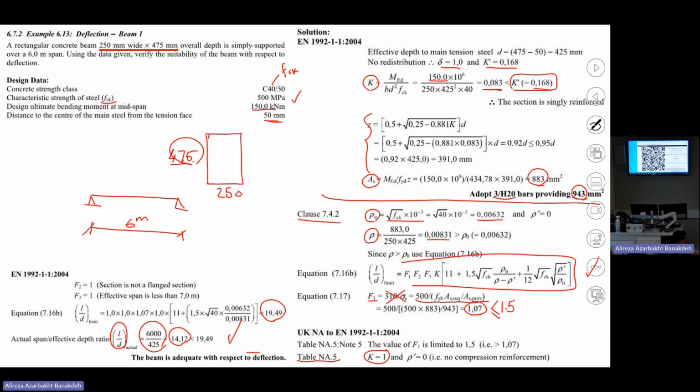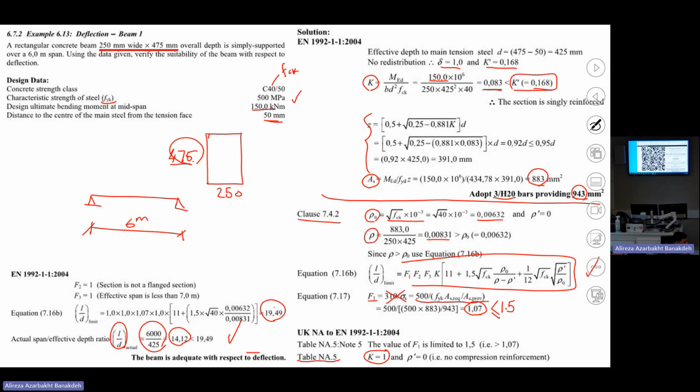But sometimes you can elaborate a little bit with the formulas. For example, if this is 19.49 and for some reason I get 19.52 here, very close, but a little bit more than this.